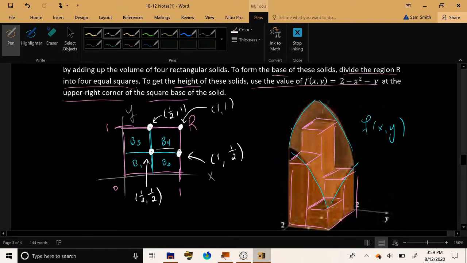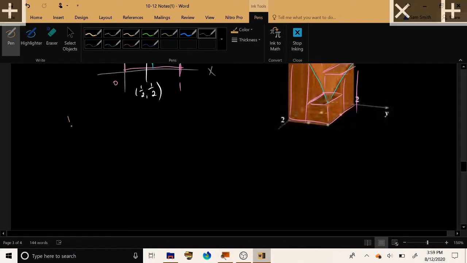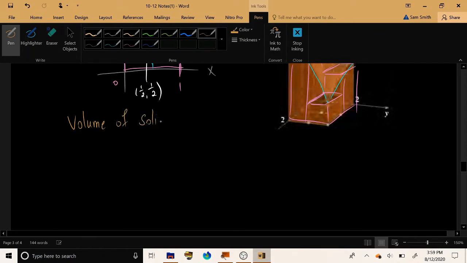All right, so let's find the volume of these 4 rectangular solids by multiplying the area of the base by the height of the rectangular solid. Let's just jot that down. Volume of solid equals area of base times the height of the solid.